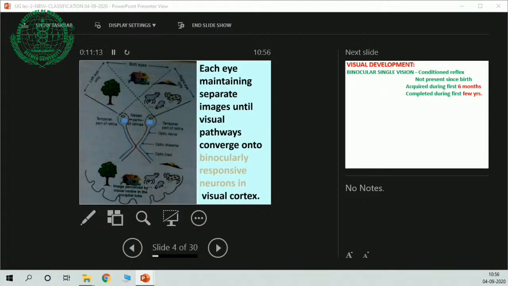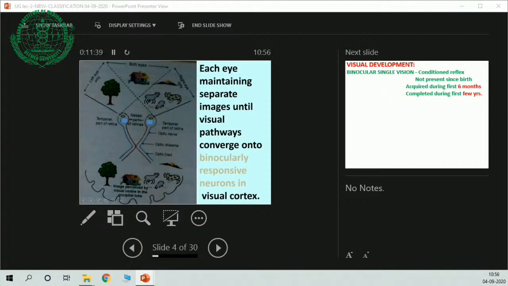Here each eye maintains a separate image until the visual pathways converge onto the visual cortex. This is a simple terminology you are supposed to remember. Here I have shown the cornea, eyeball, optic nerve, chiasma, then optic tract, then the radiations, and here is the visual cortex, the occipital cortex. And what is the cream of this?